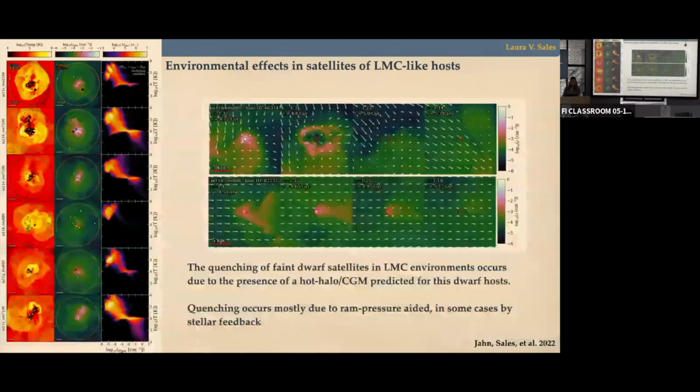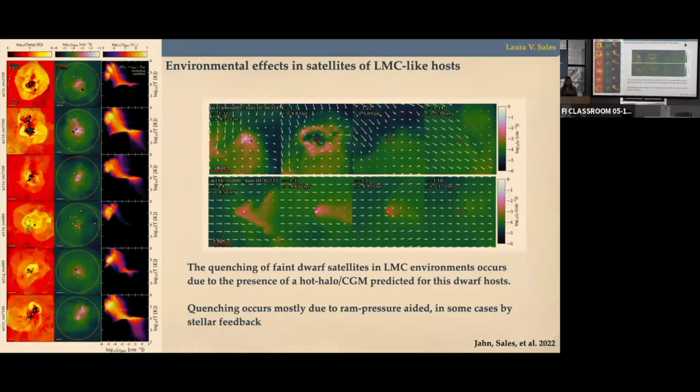And of course, that also means that exactly how that quenching happens seems to be through two different, or perhaps connected, processes. One is, because the satellite is star forming and it has these blow-ups of gas, they loosen up the material, and then nothing gets reaccreted again. And so that quenches this satellite.